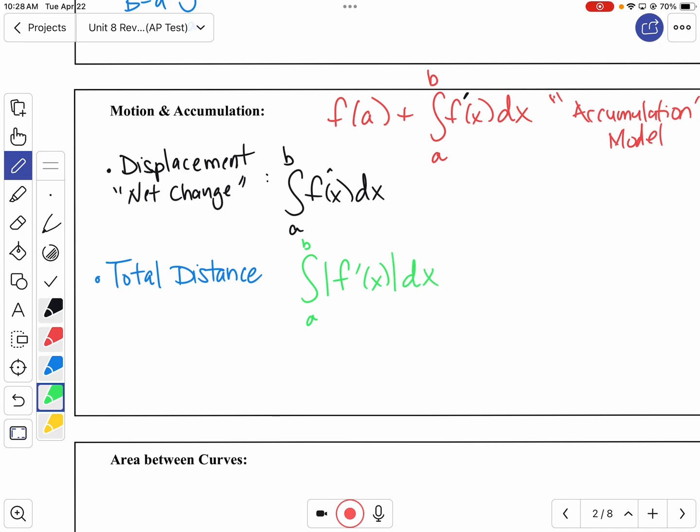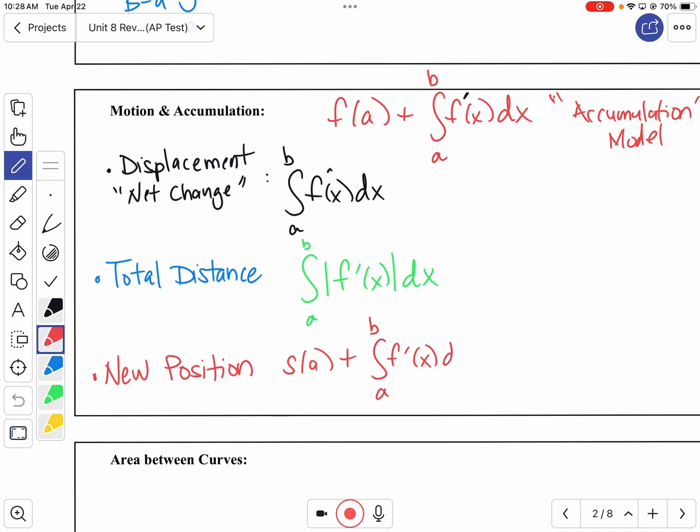So our total accumulated change. Put it in the right terms.